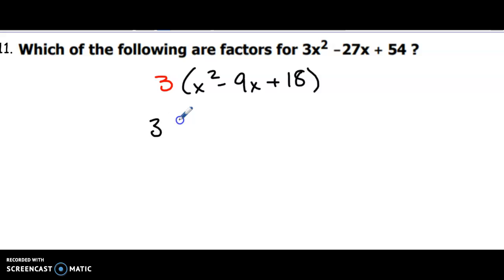Looking to see if we can break it down even further. We'll have the same signs. They'll both be negative. X and x. What can I multiply to get 18 that when I add, I get a negative 9? 3 and 6.